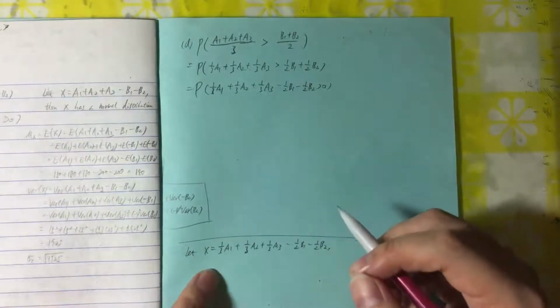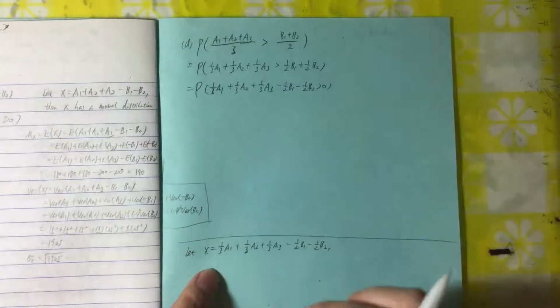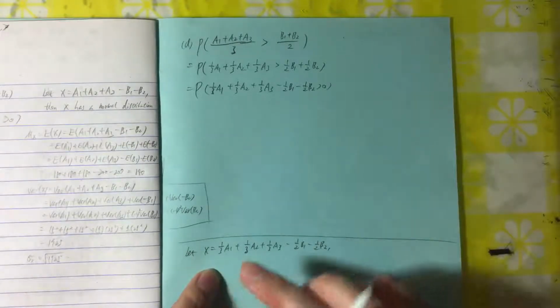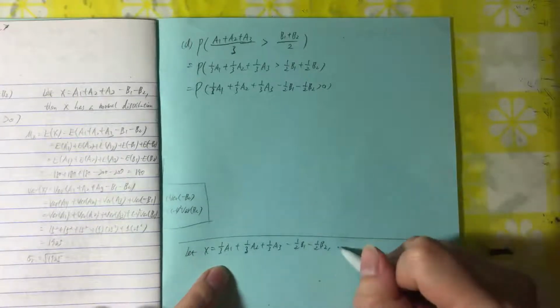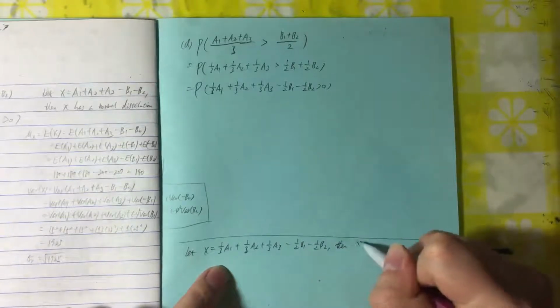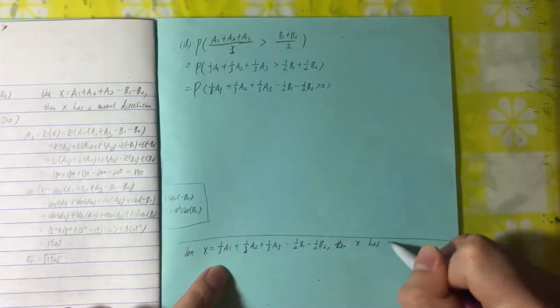Since X is a linear combination of independent normal random variables, by the previous theorem, X must have a normal distribution. Now X has a normal distribution.